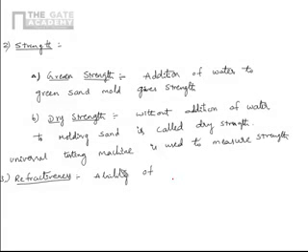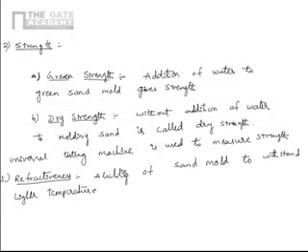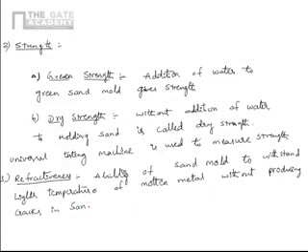Similarly, here we are mentioning, instead of the property, refractiveness: the ability of the sand mold to withstand the higher temperatures of molten metal without producing cracks in the sand mold is called refractiveness.